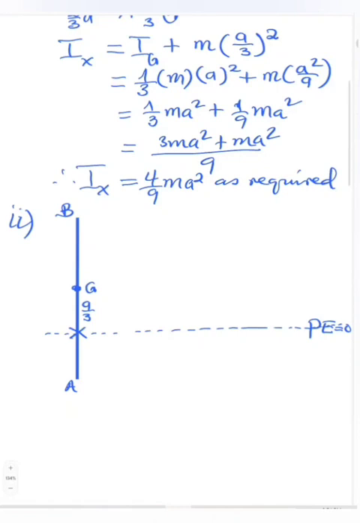So from this position, we can now put a general diagram for the case where the rod has been slightly displaced and is now doing the rotation, so that at one point at time t seconds, the rod would find itself in this inclination, where again here we have the axis x and the mass of the rod again is concentrated there, where the distance from that G to x is again a over 3.